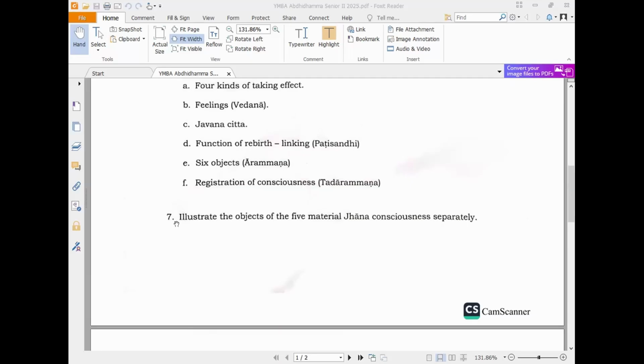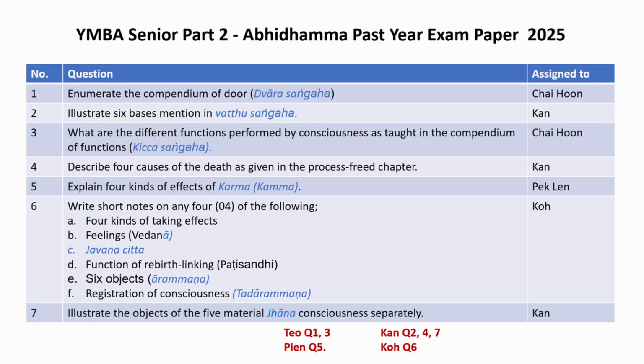Okay, so try your best. Any problem, then you come back to me. Okay, so note down. Sister Teo, Sumeta. Then 6 will be Brother Ko, and 7 Sumeta. Number 5 is Pek Lane.